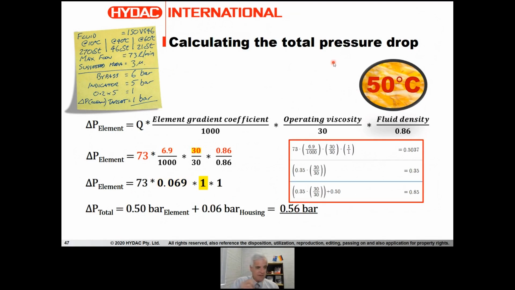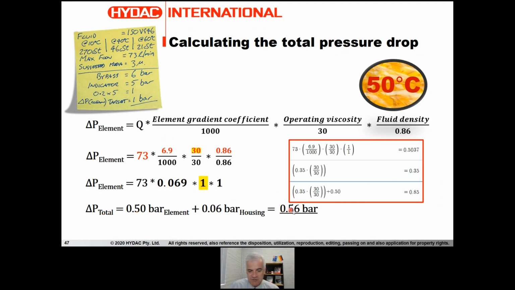So I've then looked at the same information again, but at an operating temperature. I've just chosen here 50 degrees now. So what that will change now is the viscosity. So the same calculation with the same figures has a 30 centistoke oil, which is just by chance the same that's in the catalogue. So this brings this down to a 1.